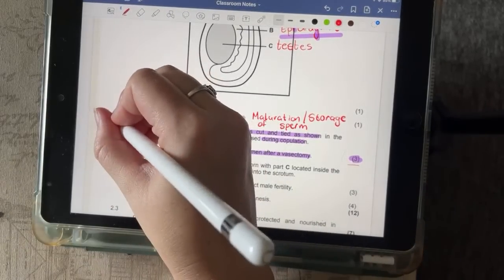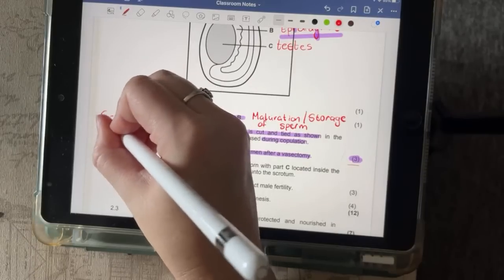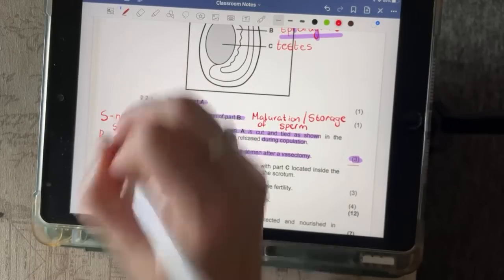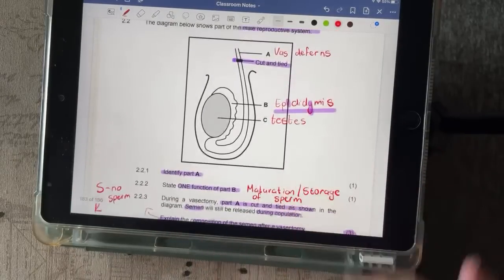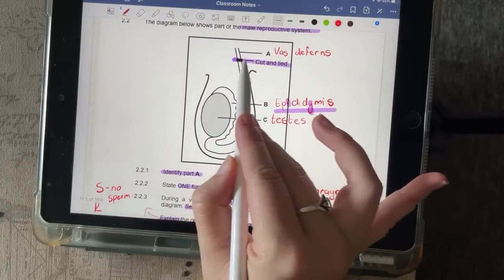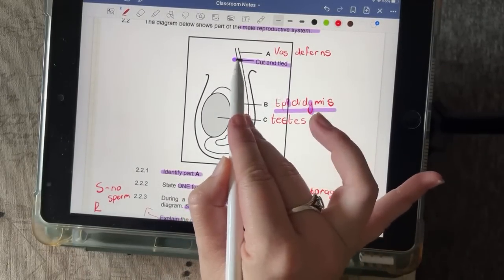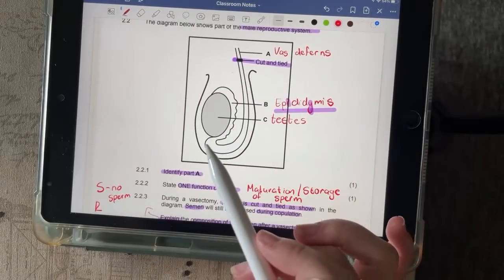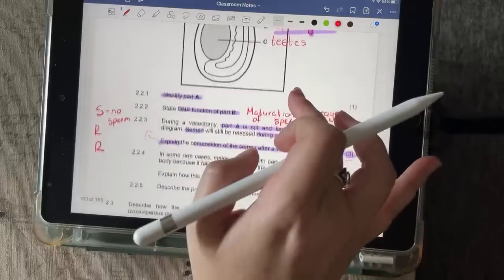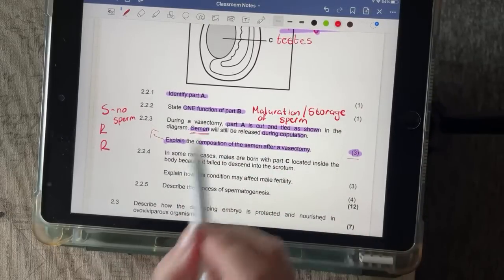So first statement is, there will be no sperm. Right? However, if we look at our diagram here, because we make the cut or the incision over here, do you agree that the rest of the reproductive system is still intact? Which means, and they've already actually told you that, you'll still make semen.